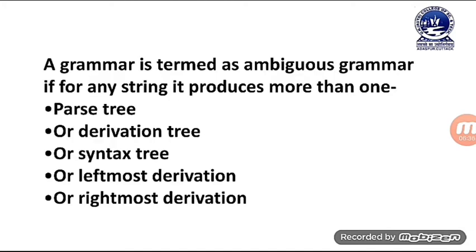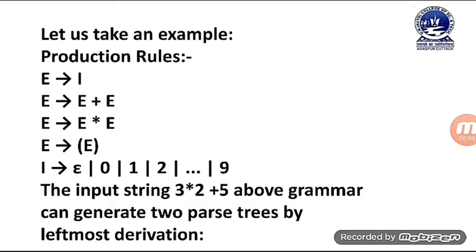I have summarized when a grammar is termed ambiguous. If any grammar produces more than one parse tree, derivation tree, syntax tree, leftmost derivation or rightmost derivation, any one of these, then the grammar is called an ambiguous grammar.